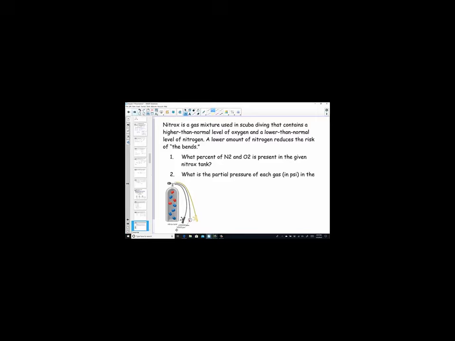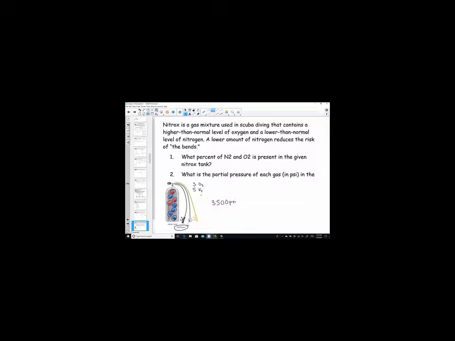Notice that the tank is reading 3,500 pounds per square inch. That's a number we had to read to find the percent of nitrogen and oxygen in this given tank. Well, let's count. Noticing that oxygen is going to be represented by the red. There are 3 oxygen molecules as compared to 1, 2, 3, 4, 5 nitrogen molecules.